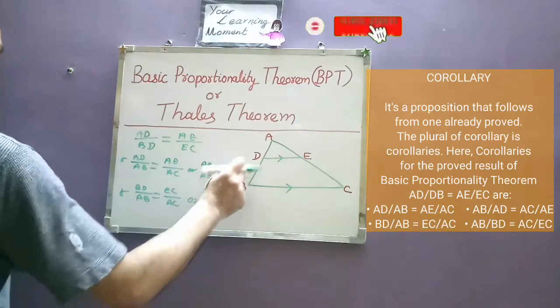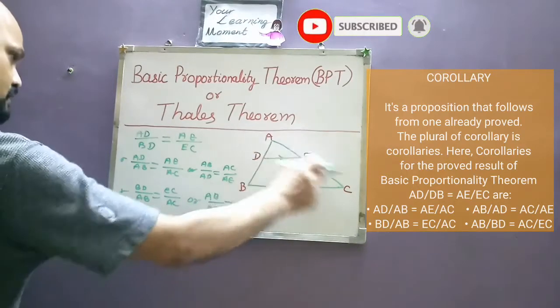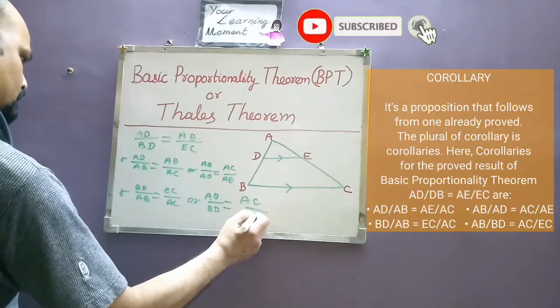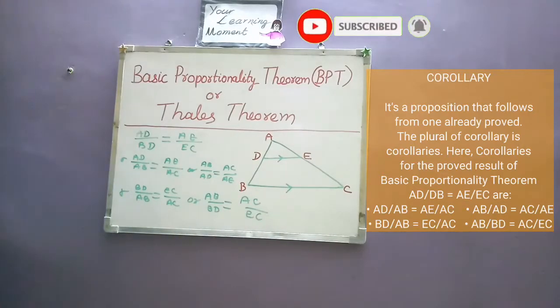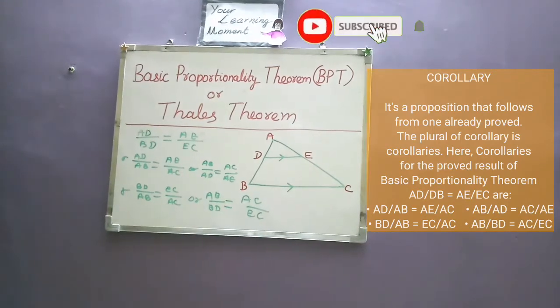Or AB upon BD equal to AC upon EC. Thus, these equivalent ratios are formed as per the basic proportionality theorem.